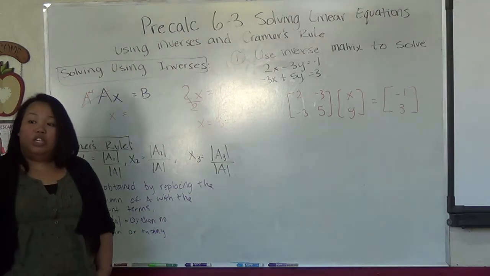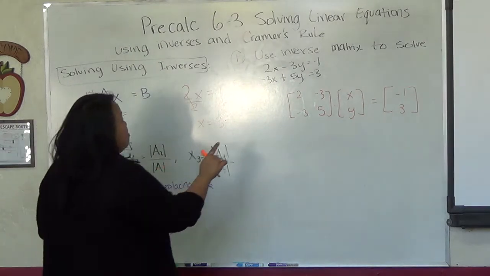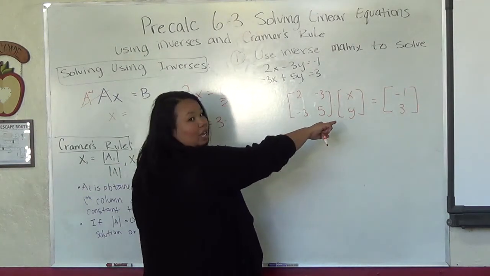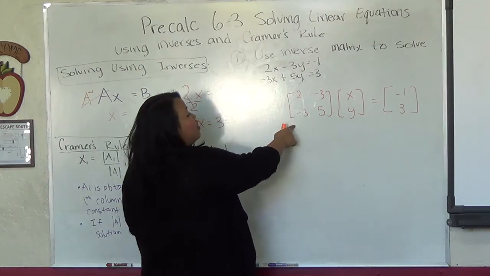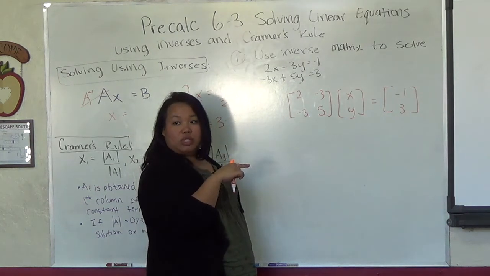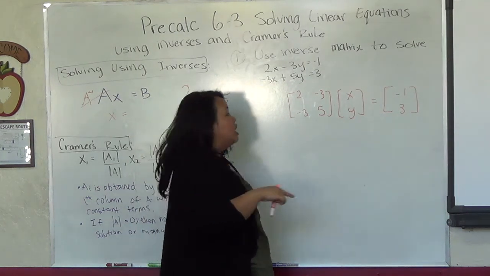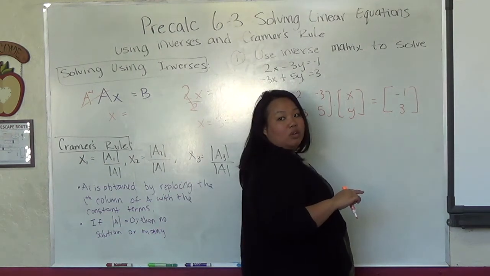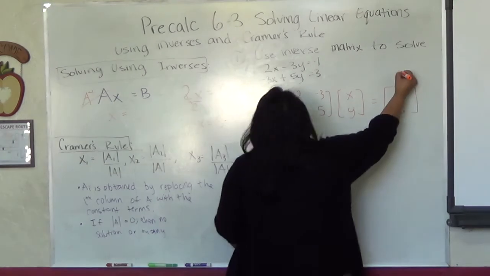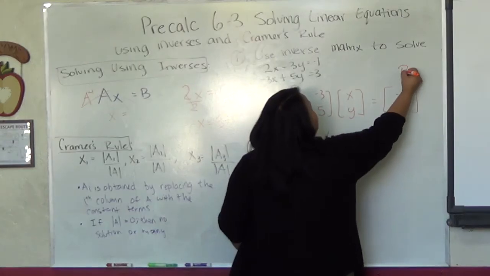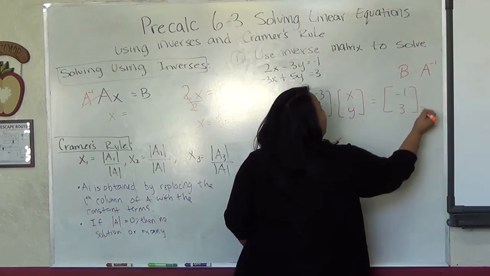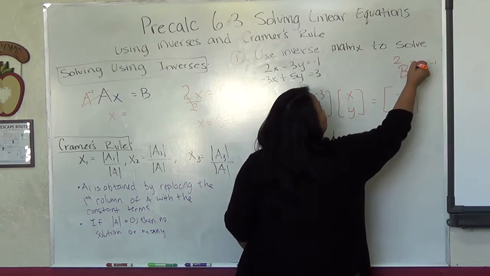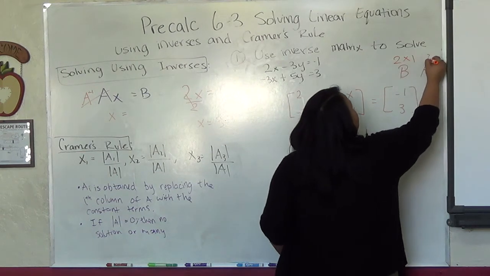Yes? But here's the thing. When I find the inverse of this and I multiply it, my inverse is going to be a 2 by 2, the same as this, right? This B is going to be 2 by 1. If I multiply B times A -1, this is going to be a 2 by 1 and a 2 by 2.